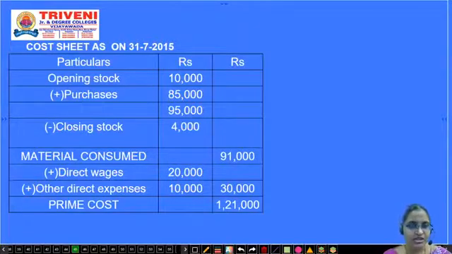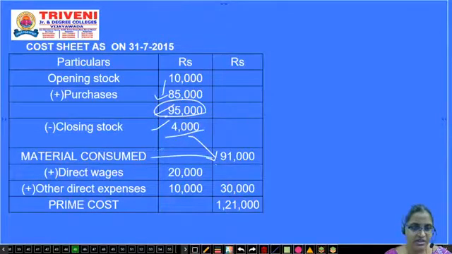So 10,000 plus 85,000 you got 95,000, minus closing stock. The closing stock was 4,000. Now you got the amount 91,000. Opening stock plus purchases 95,000 minus 4,000 you got 91,000. 91,000 is named as material consumed.